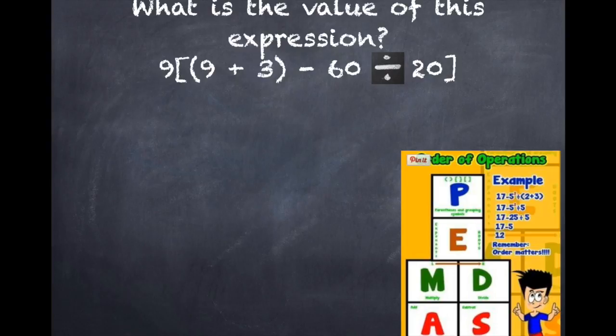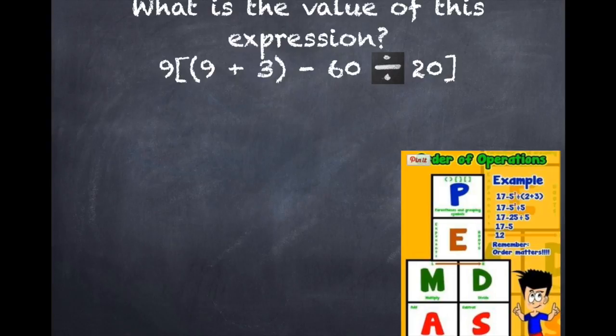Remember, according to the order of operations, and let me see everybody, I'm going to visualize, and you guys are going to do it with me. Use your hand signals and say it with me. Parentheses, exponents, multiply and divide, left to right, add and subtract, left to right.